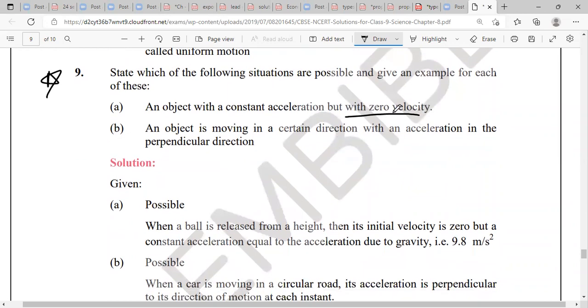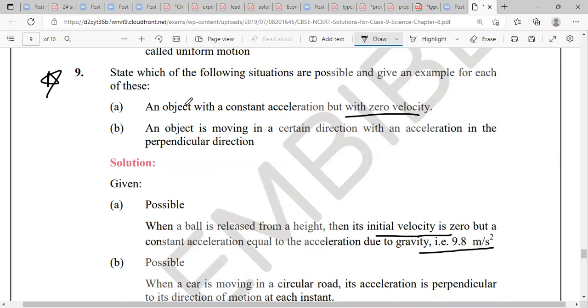So see, is it possible or not? So yes, it is possible. When a ball is released from a height, its initial velocity is zero, but it has a constant acceleration equal to the acceleration due to gravity, 9.8 meter per second squared. Why 9.8? Because this is the gravity value which you have to remember.